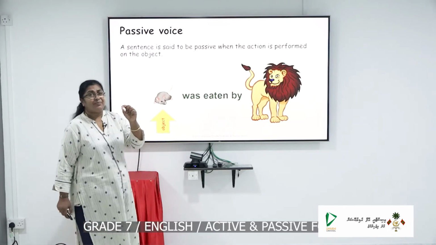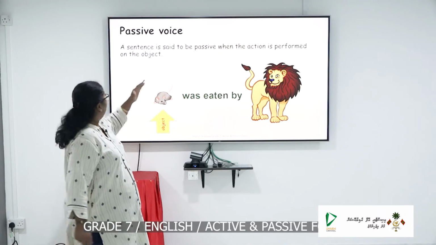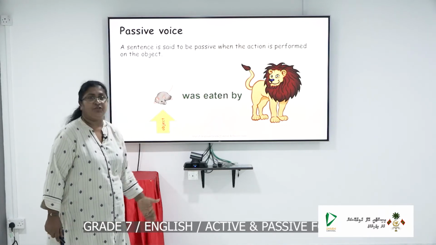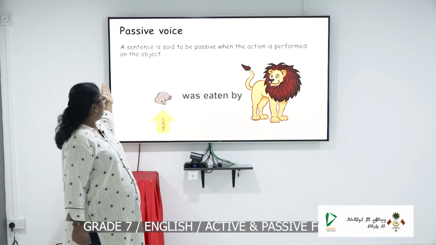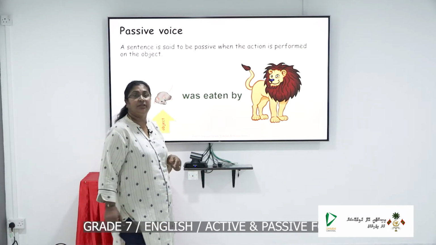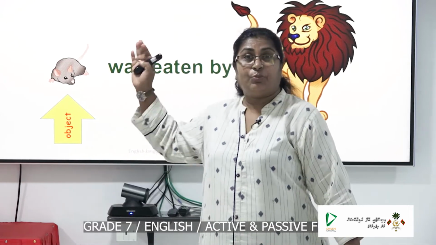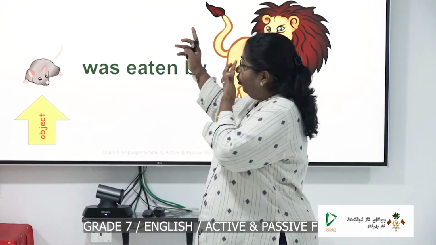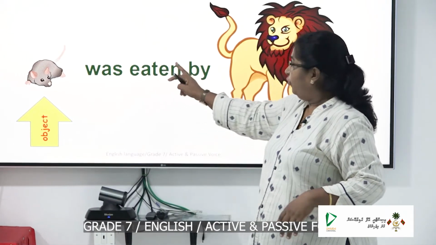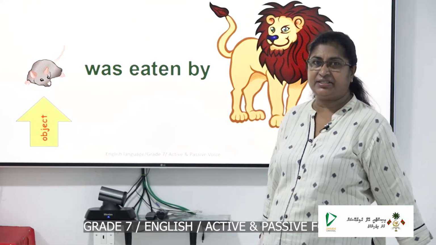Now you should know the definition of passive. A sentence is said to be passive when the action is performed on the object. For example, see how the picture has turned.